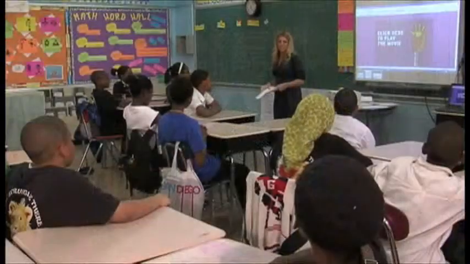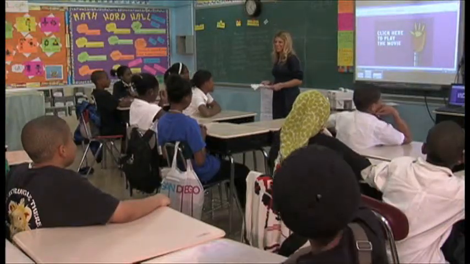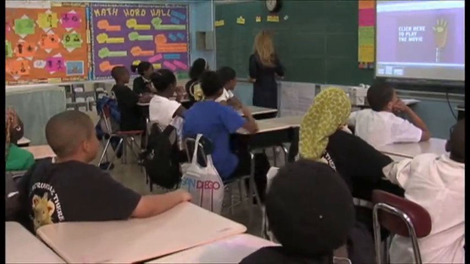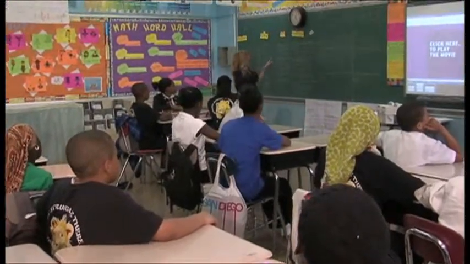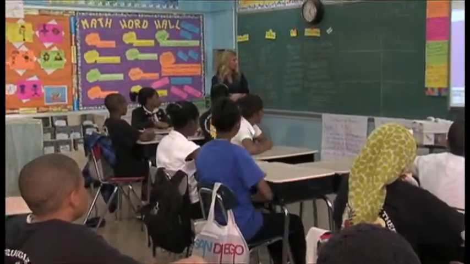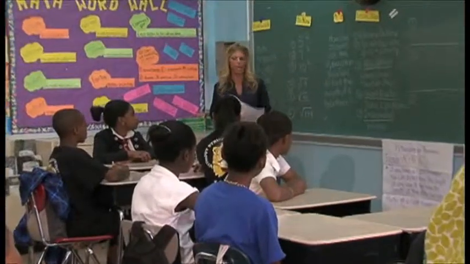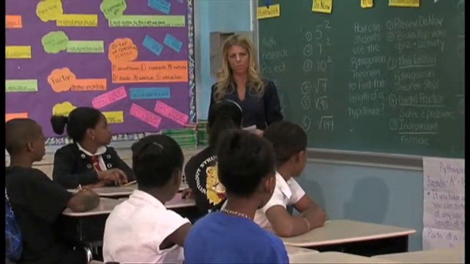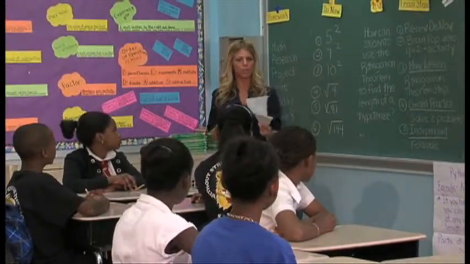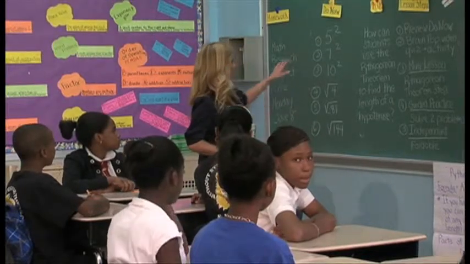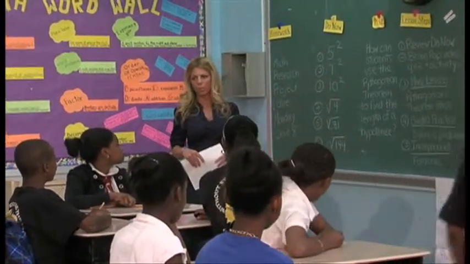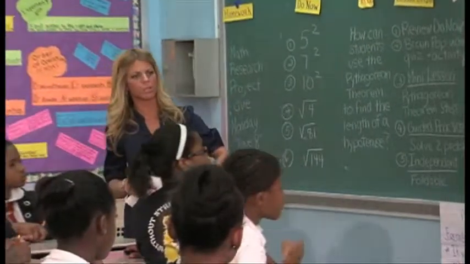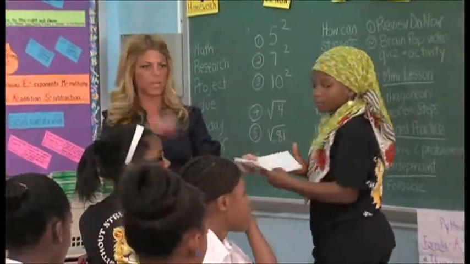Good afternoon, boys and girls. Good afternoon, Miss. Okay, so today, how can students use the Pythagorean theorem to find the length of a hypotenuse? That's what we're learning today. Bintu, can you come and give a paper? You guys are going to start with your do now. I'm going to put a time on the board. I also have the do now on the other side for the students on that side of the room can see.